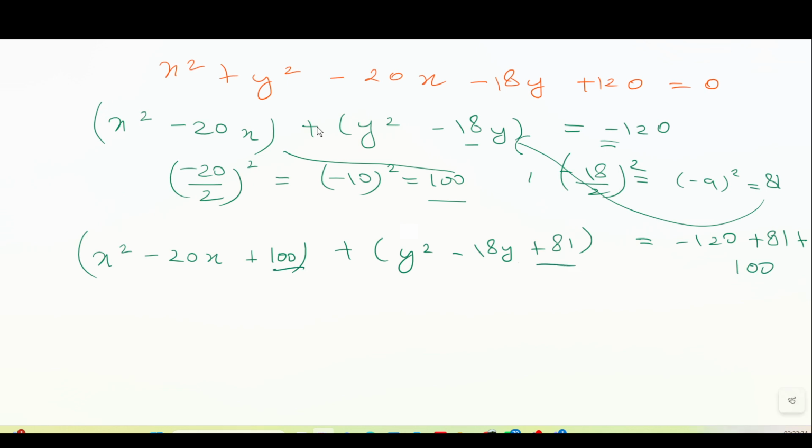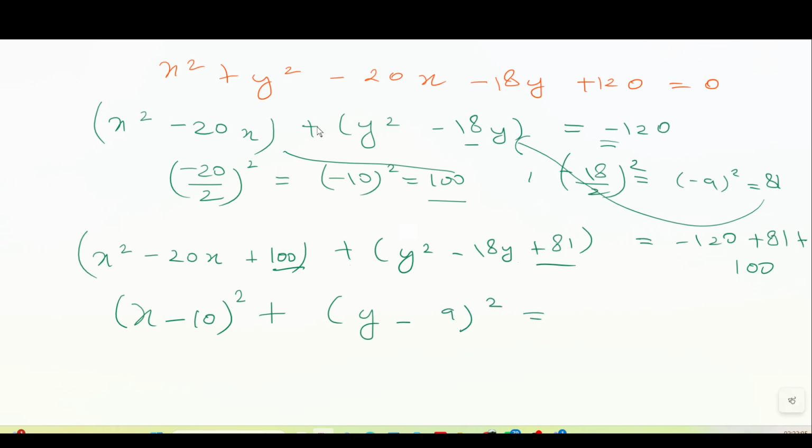And then what we need to do: x minus, because here we have minus, and this is the square of what number? 100, which is 10. So x minus 10 whole squared, then plus y minus, we know 9 times 9 is 81, so here we can write 9, which is 81.